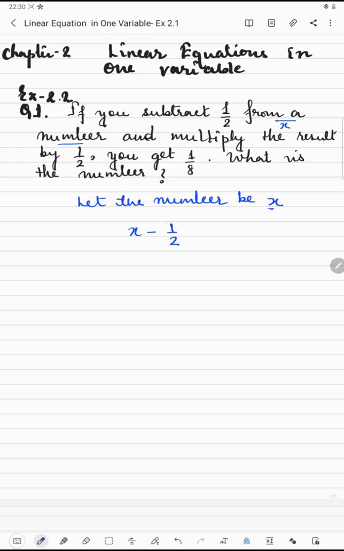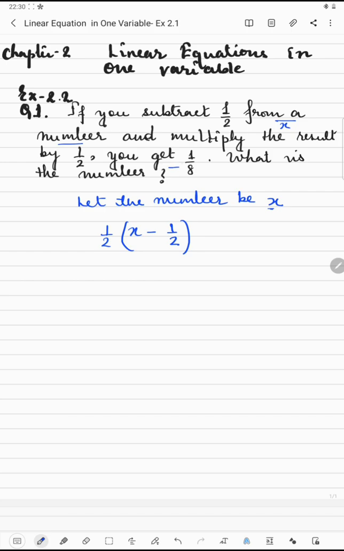So 1 by 2 is subtracted from x and we multiply the result by half. Multiply the result means after subtraction, whatever you get, you have to multiply by half, and you get 1 by 8.